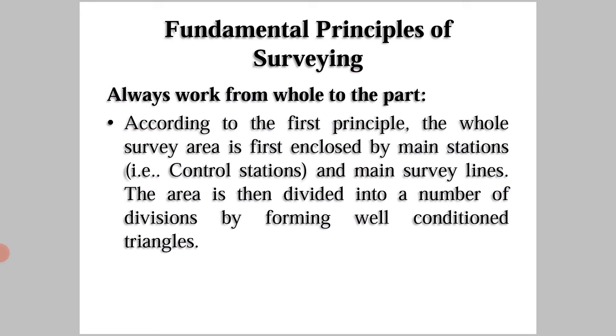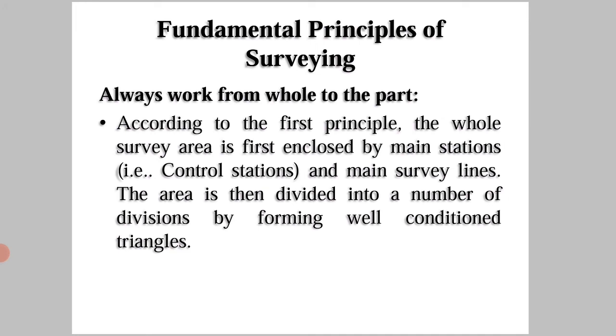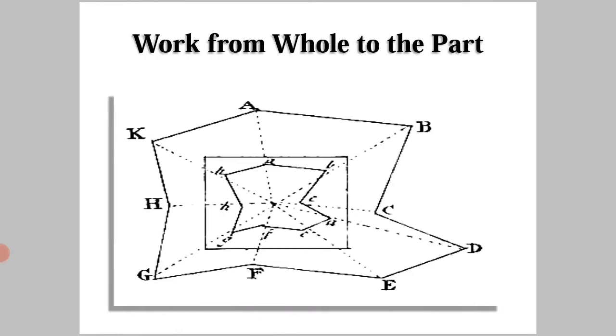According to the first principle, the whole survey area is enclosed by main stations, that is control stations, and main survey lines, and the area is divided into a number of divisions by forming well conditioned triangles like this. See this figure.